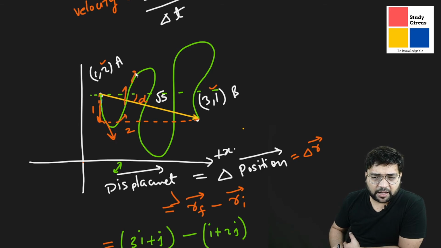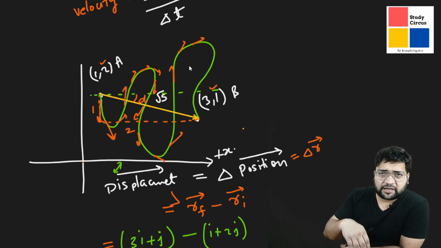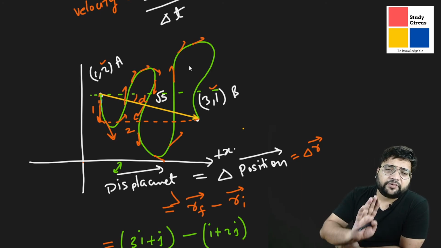Every moment it is changing direction. So tangentially is the direction of any curved path. For the distance we can't say that this is the particular direction, but we can say the magnitude.